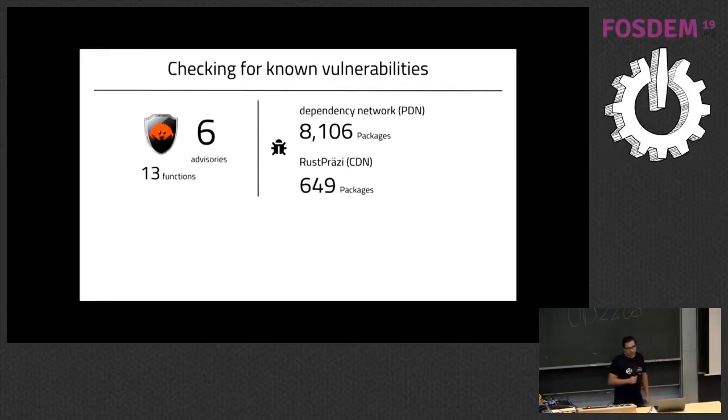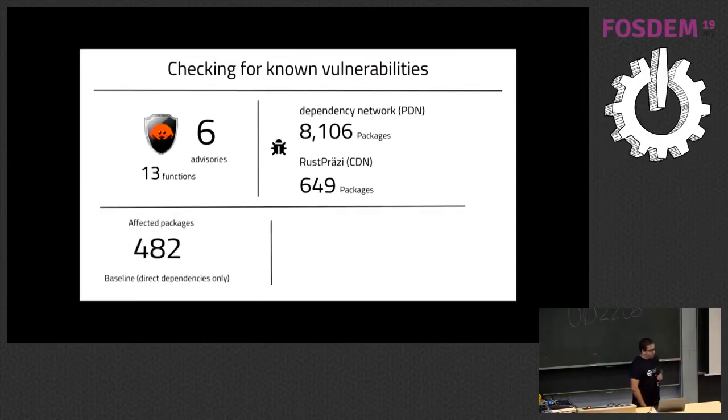Here we can clearly see the advantage of doing it at the call graph level, because we get more precision and avoid false positives. As you can see, the numbers are much smaller, which means that I, as a developer, don't have to go through too many packages when I have to check whether there are false positives.